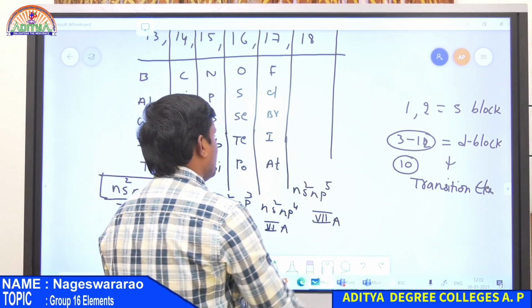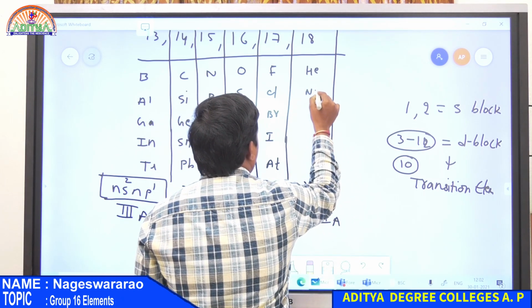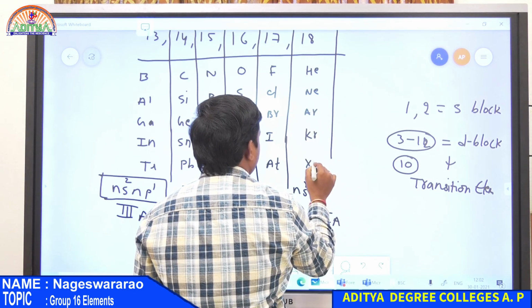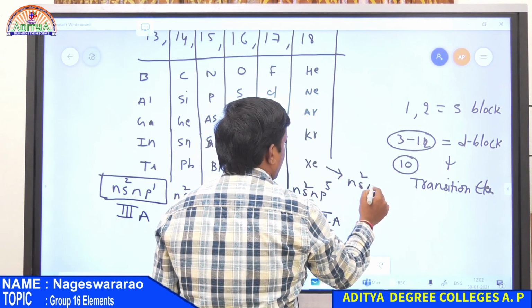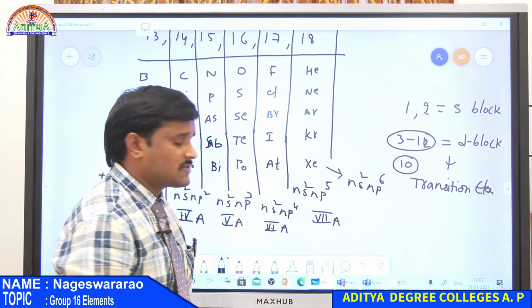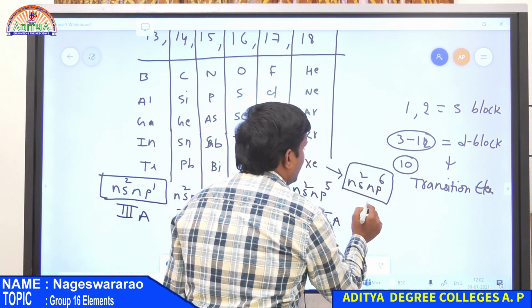And finally noble gases: helium, neon, argon, krypton and xenon. All have a general configuration ns2 np6. So here the outer shell contains 8 electrons.